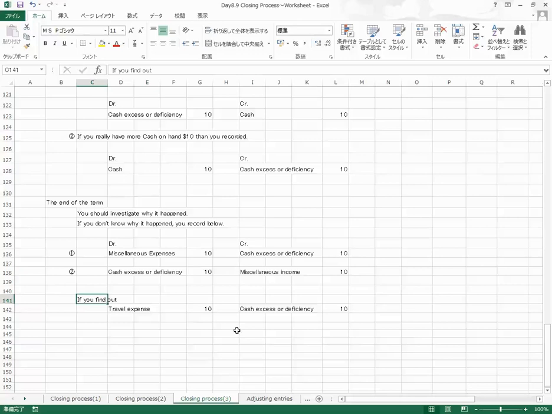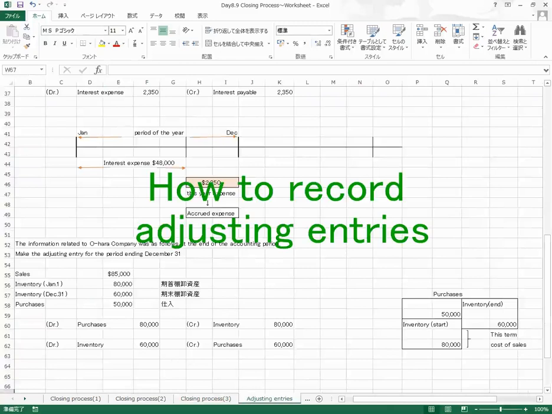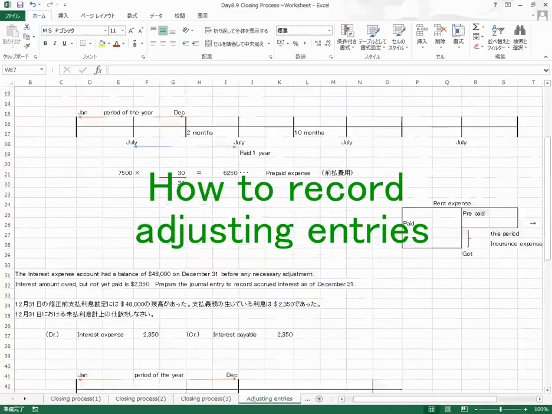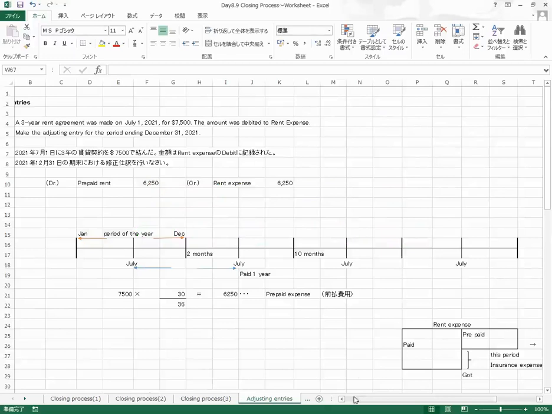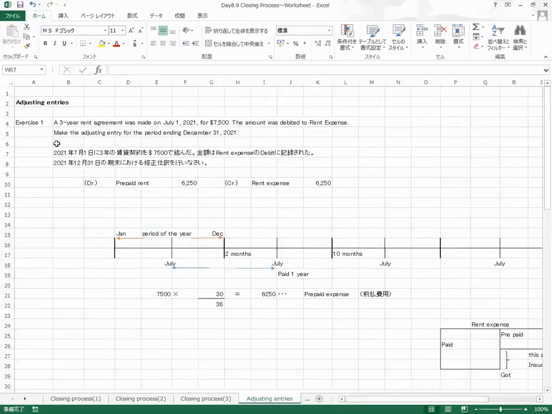That was the closing process. Next, adjusting. Adjusting entries are correcting journal entries. How do we do them? Let's try an example first. Exercise 1, Adjusting Entries. A 3-year rent agreement was made on July 1, 2000, for $7,500. The amount was debited to rent expense.